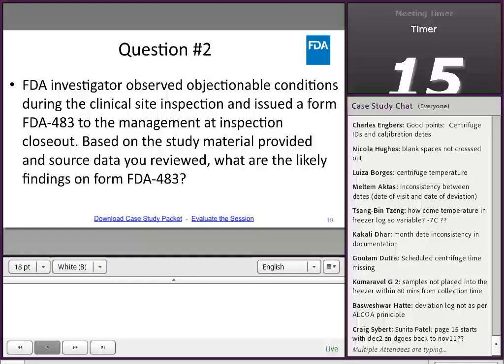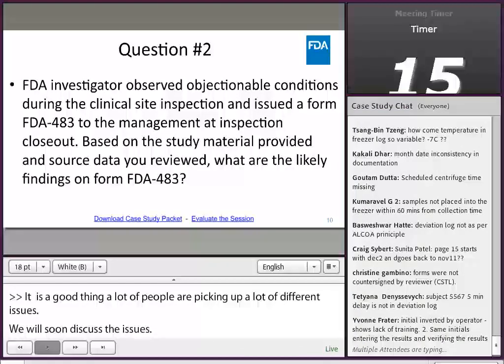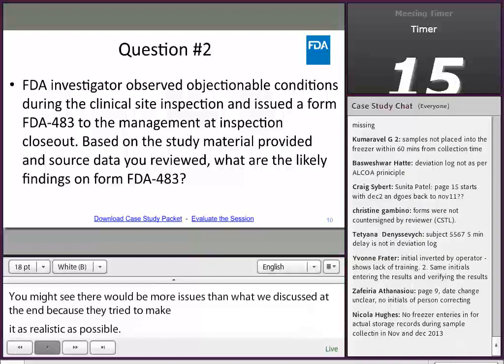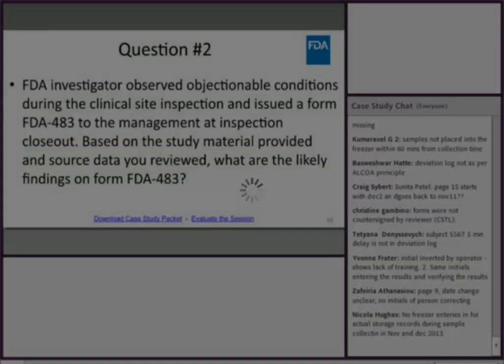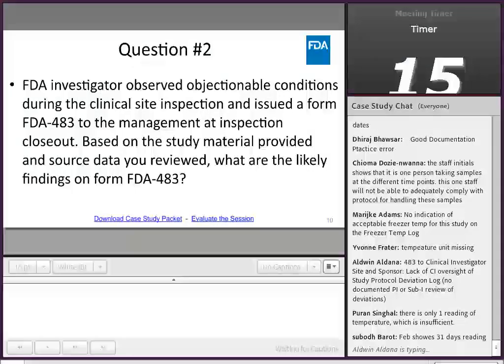And you might see that there could be more issues than what we discuss at the end, because we try to make it as realistic as possible. So you could pick up more issues than we possibly discuss. We would love to see those in the chat box.